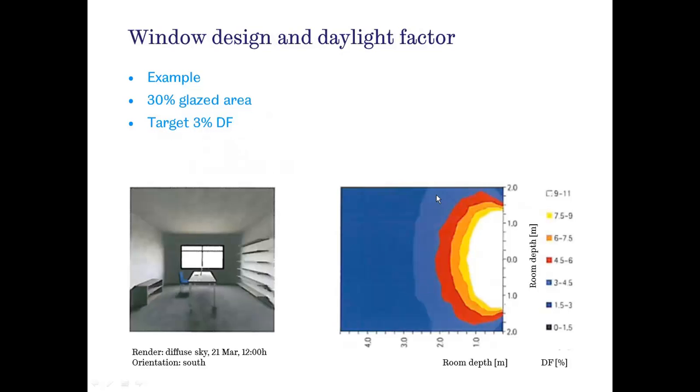And if we look at the color coding over here, this sort of light blue here is our 3 to 4.5%. Our darker blue is the 1.5 to 3%. And what you can see in that room, obviously as you move further away from the window, your daylight factor drops, but you still are achieving a good level of sort of 1.5 to 3% daylight factor.